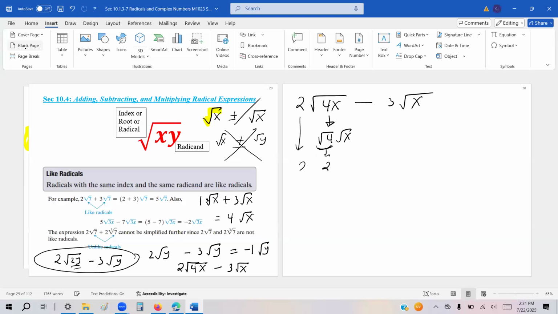And we have a 2 here, and now we have square root of x. So you have 2 times 2, which is 4 square root of x, and we have 3 square root of x. Now can you subtract? How many square root of x do we have? 1.